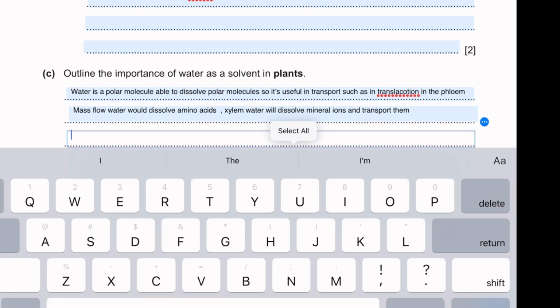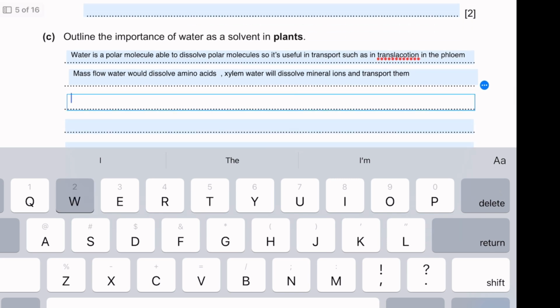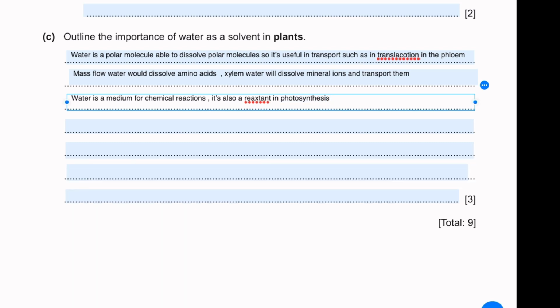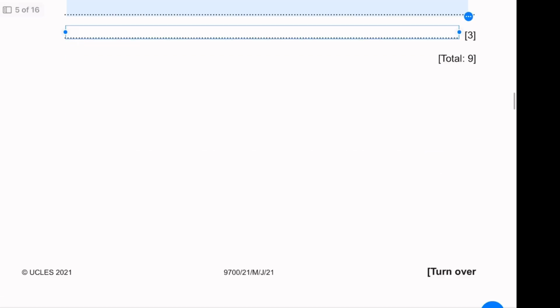You could also mention that water is a solvent or medium for chemical reactions, generally all chemical reactions, and it's also a reactant in photosynthesis. So just think of properties of water and write all that you know related to plants down.